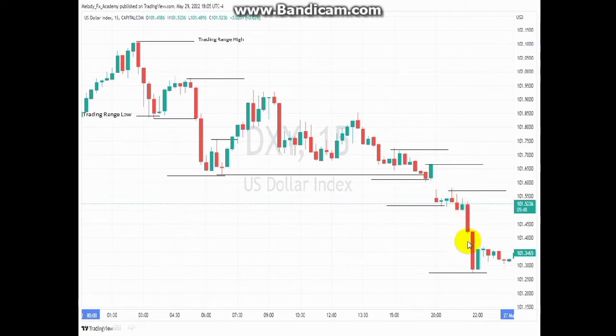You can see the market expanded lower before creating a new short-term high. Okay, so currently this is our trading range. So now I hope we are clear on how to identify our trading range and how to differentiate between a break of structure as an expansion and a break of structure as a retracement.